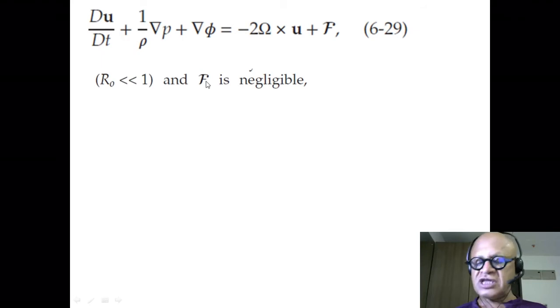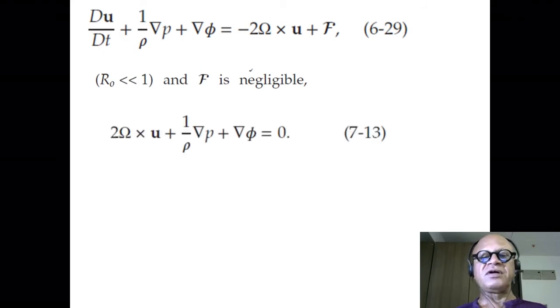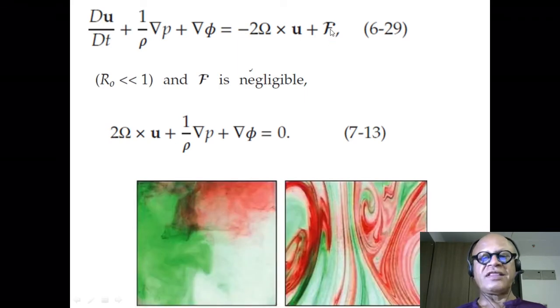So imagine that we are away from the surface. So we are going to end up with 2 omega cross u plus 1 over rho grad p plus grad phi equal to 0. Since the Rossby number is small, we drop this term, and we said friction is not there. So this is what will be the result.